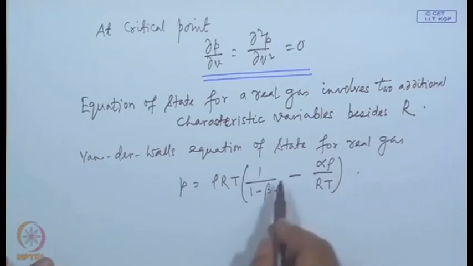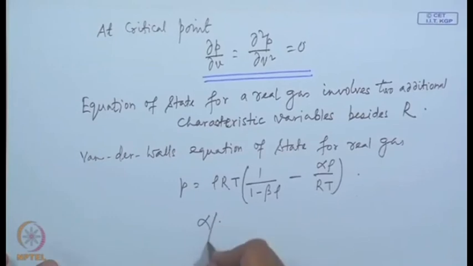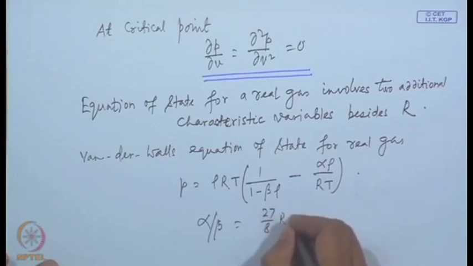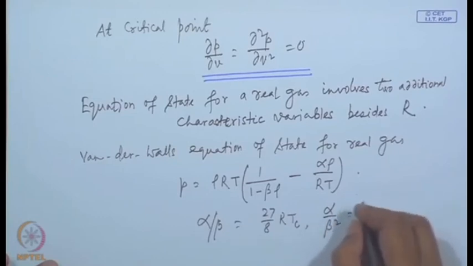And these two constants alpha and beta are given as alpha by beta is 27 by 8 R T c, and alpha by beta square is 27 P c.